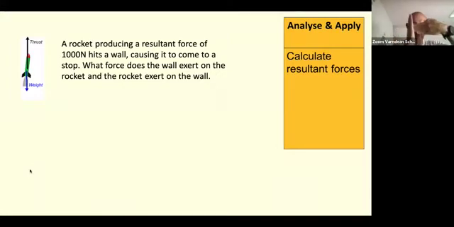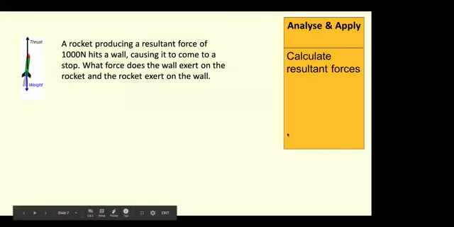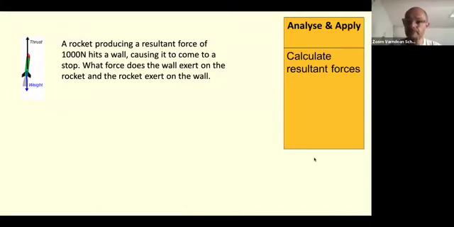So here's our rocket going, and it hits a wall and it stops. So if the rocket is going forward with 1,000 and it doesn't break the wall and it doesn't break the rocket, it just stops and falls. How big does the force from the wall have to be to stop the rocket? Have a little think about that.